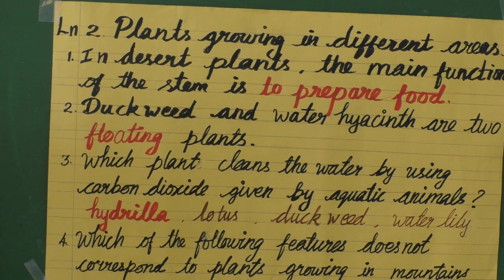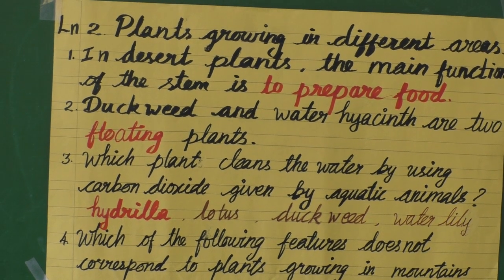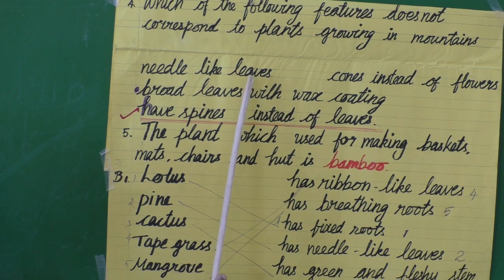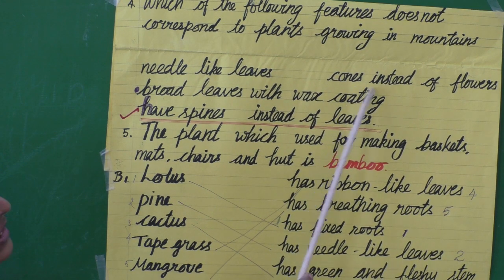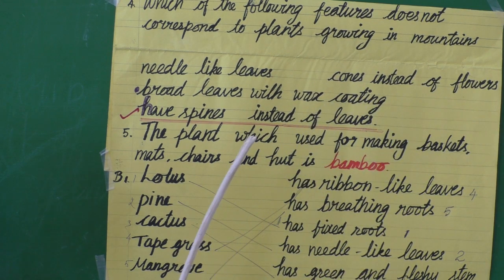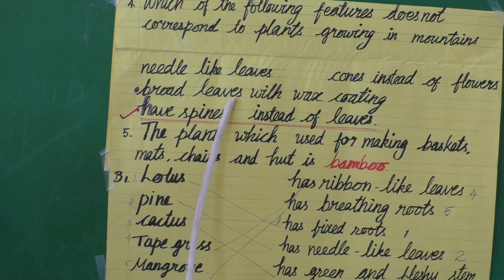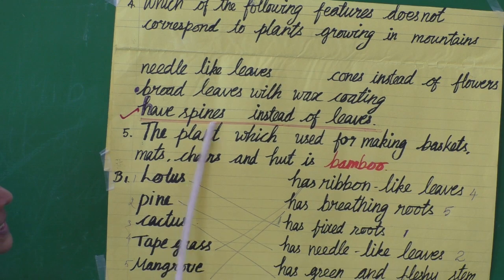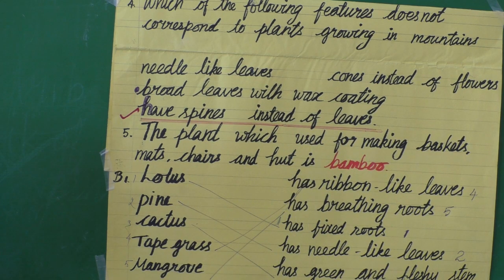What are the four options? Needle-like leaves, cones instead of flowers, broad leaves with wax coating, and spines instead of leaves.